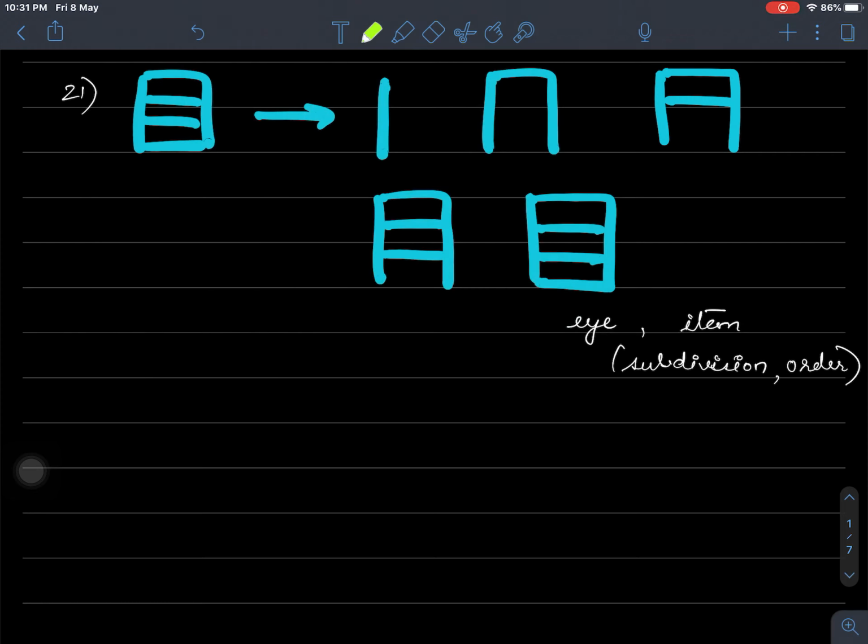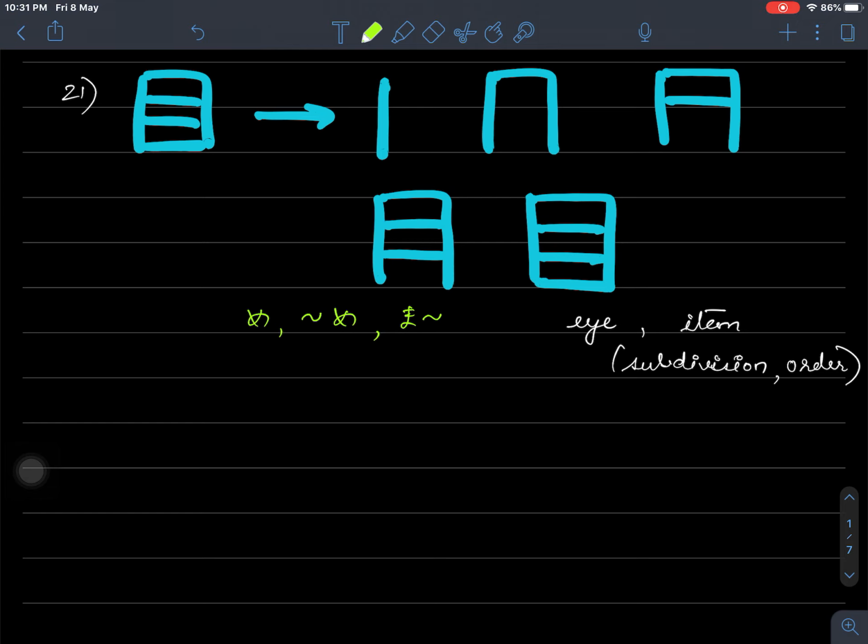And let's get into the onyomi and kunyomi for this. The kunyomi, one of them is me. Then you have me, where me becomes the suffix, and then you have one more where ma is used, and ma is the prefix to some words.